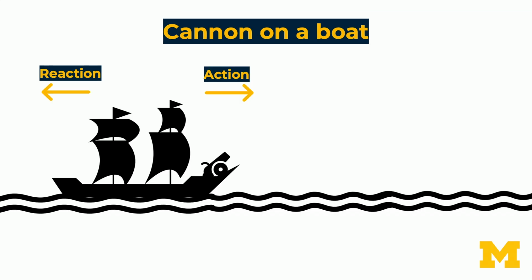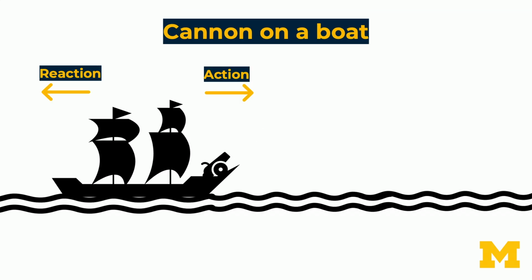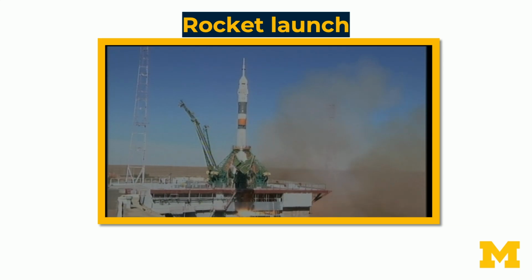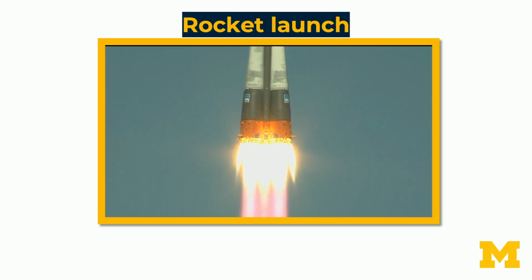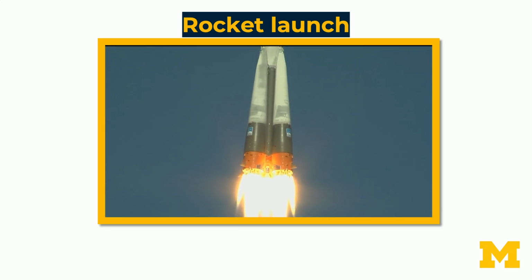And so just like a cannon on a boat shoots cannonballs and then the boat moves the other way, when a rocket fires, the stuff coming out of the back acts like a cannonball, and it causes the rocket to go in the opposite direction. And that's what Newton's third law talks about.